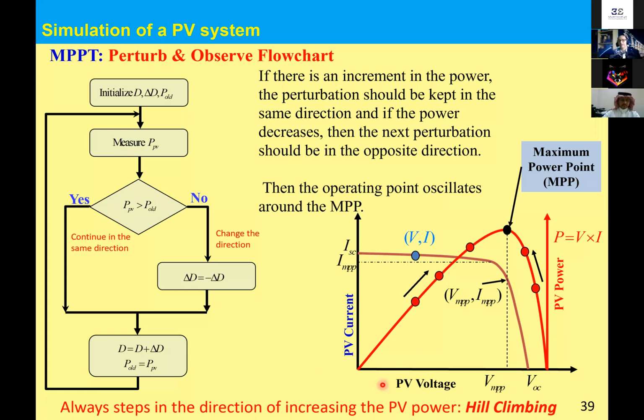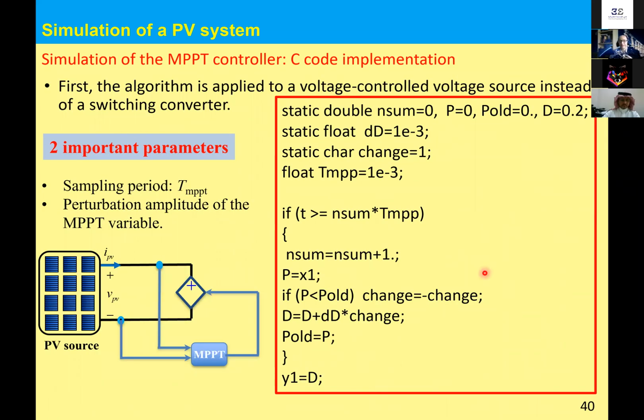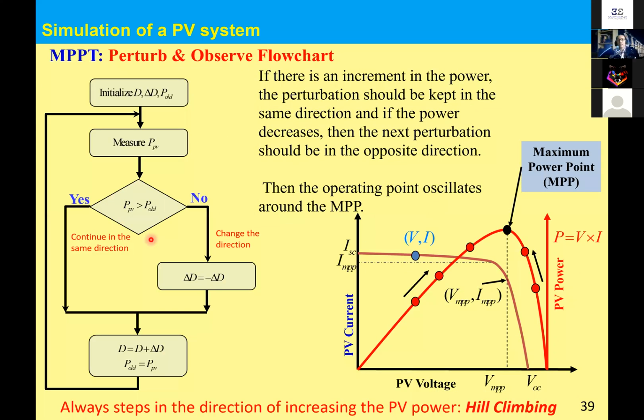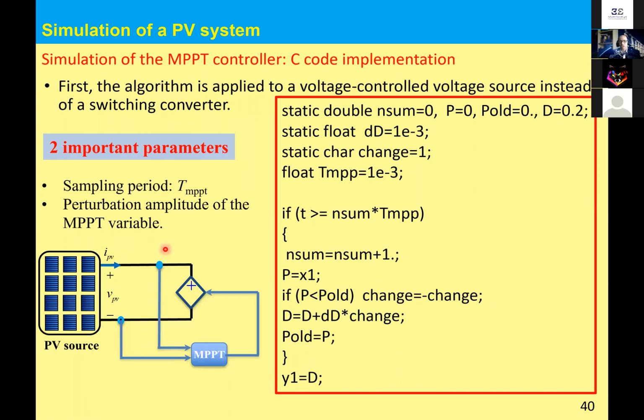In my case, I have implemented this algorithm by using this simple C code, okay? PSIM allows us to use a block, and this block can be programmed using the C language. So I use this code, which implements exactly this flowchart. First we will apply it to a PV source without any converter, just to see how this MPPT works, okay?